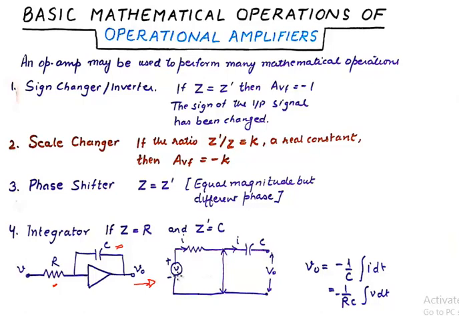So this is V input, this is R input impedance, and the feedback impedance is C, and the output is V0. So V0 is minus 1 by C integral of I dt, and I can be substituted as V by R. So finally we get the value of V0 to be equivalent to this, which shows the integration operation at analog level.